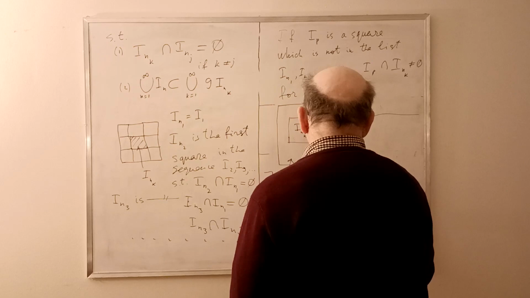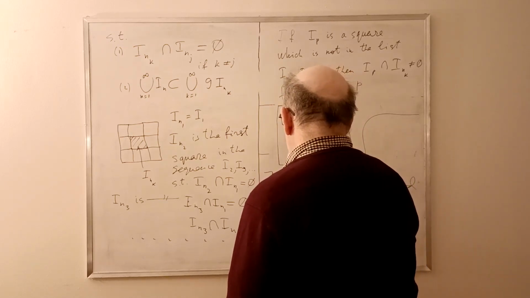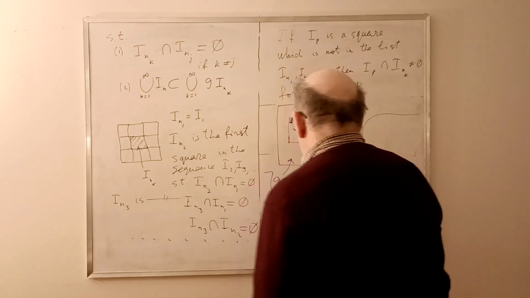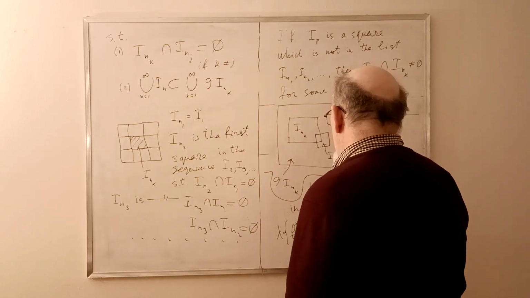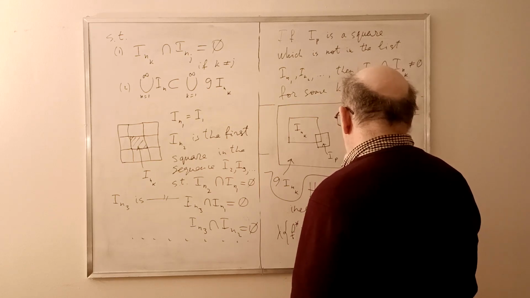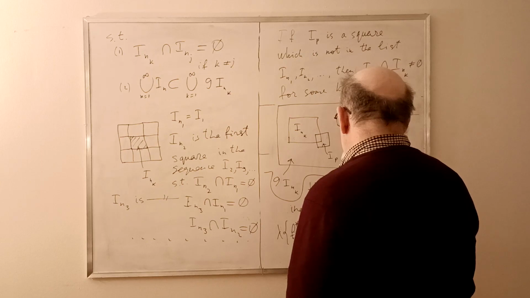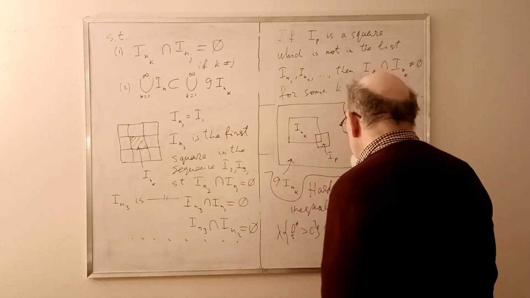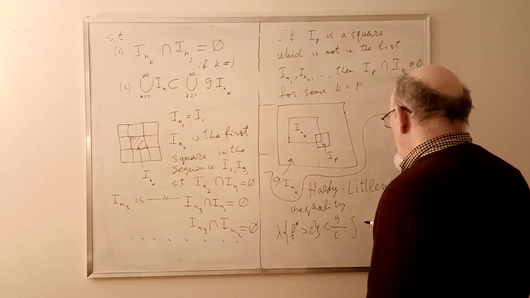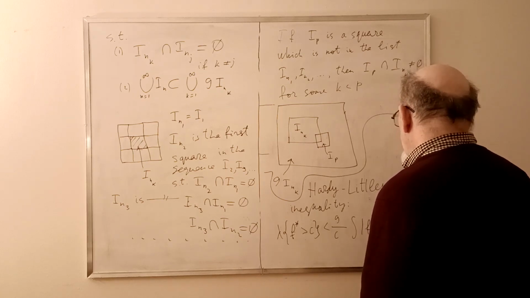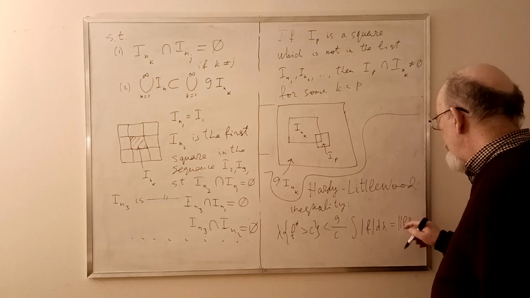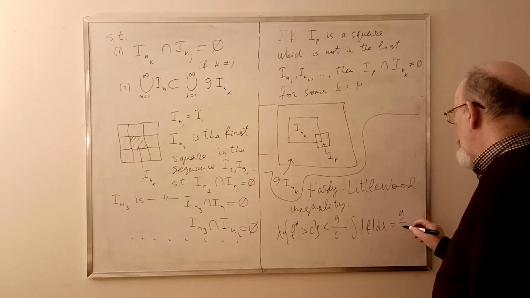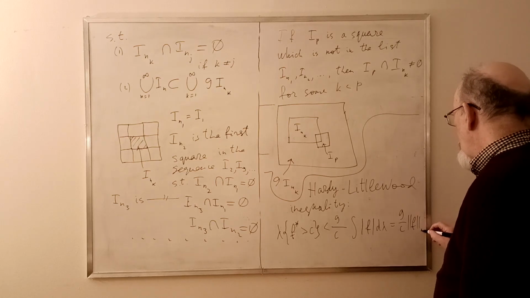The measure of the set where F star is more than C is less than 9 over C times the integral of modulus F d lambda, which is simply the norm of F in L1.